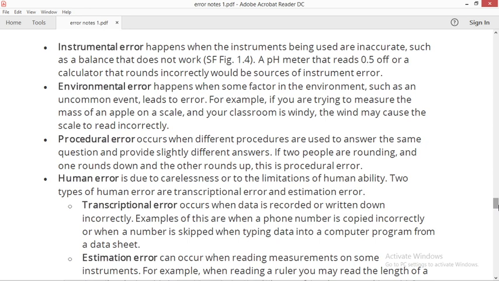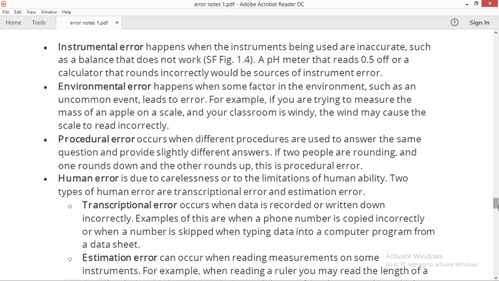Environmental error. Environmental error happens when some factor in the environment, such as an uncommon event, leads to error. For example, if you're trying to measure the mass of an apple on a scale and your classroom is windy, the wind may cause the scale to read incorrectly. So again, an isolated atmosphere is important to avoid environmental error.